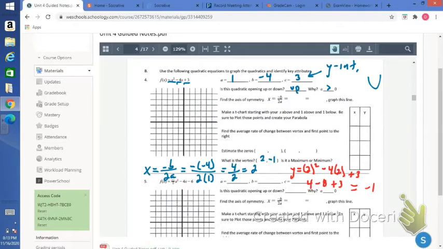Alright, we're going to plot that: 2, negative 1. And then draw on your axis of symmetry.